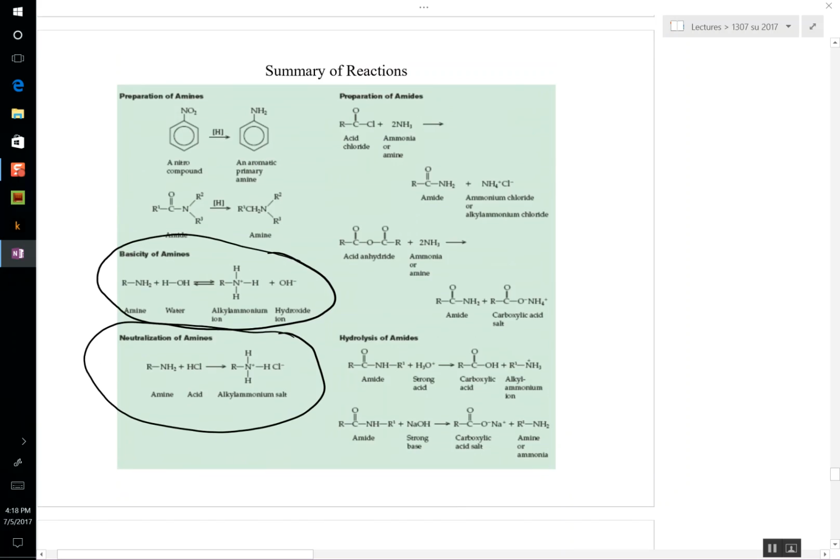I think the other one I would know is, go back to the slide where you see a tertiary amine.